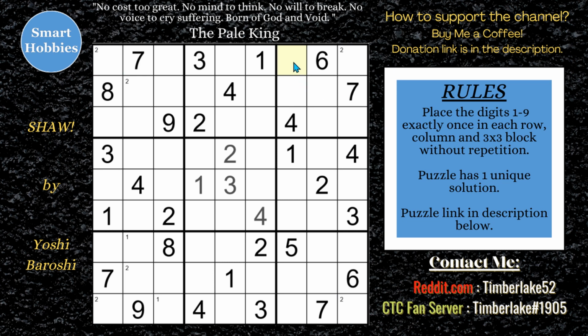And then you look down, and it looks like this can't be a 2. And then along here, along row 9, this can't be a 2. So what can be in this spot? It can't be a 1 or 2 now. It can be 3, 4, 5, 6, or a 7.